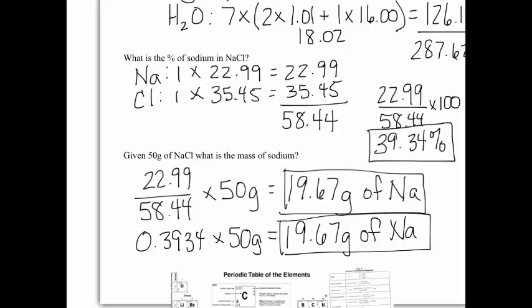They'll say just this question. So you'll have to know you need to do all the steps above, and then because I'm lazy like a lot of chemists, I would stop here at the proportion and set it up like this. So I take my mass of sodium divided by mass of whole and multiply it by the mass they've given me in the problem. And that's it. That's percent composition.